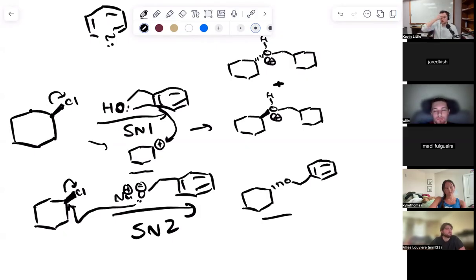There's more to do with carbocations that we haven't talked about yet. But even before that, it explains why I get different products with an SN1 than an SN2. SN2 gives me inverted stereochemistry, SN1 doesn't.